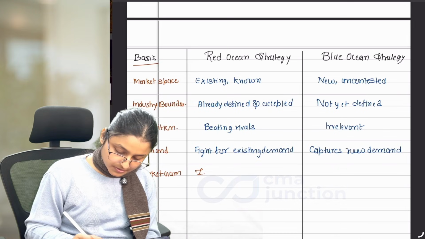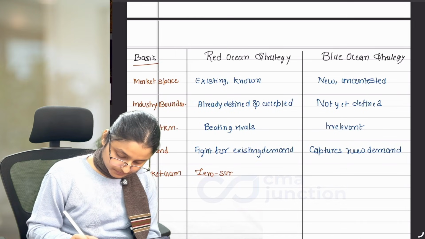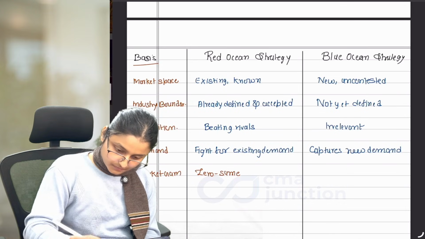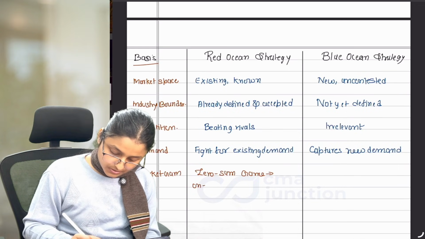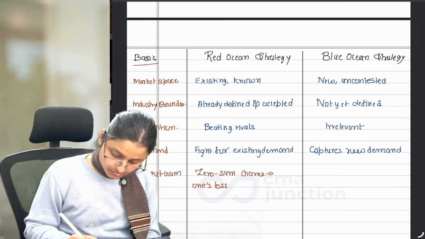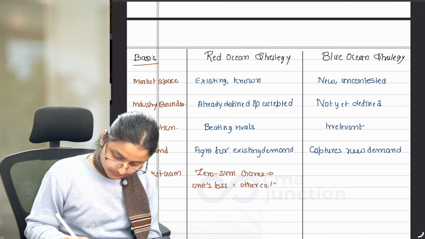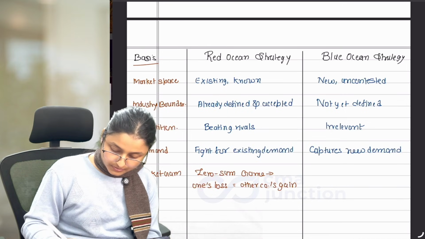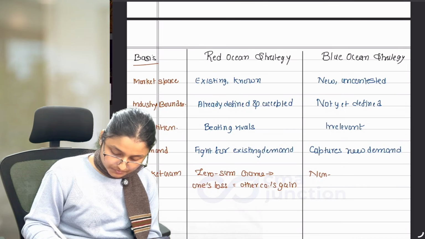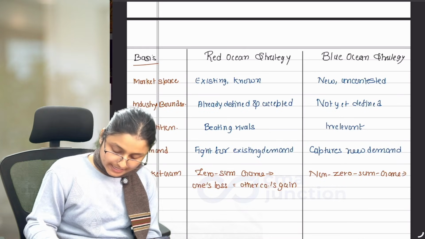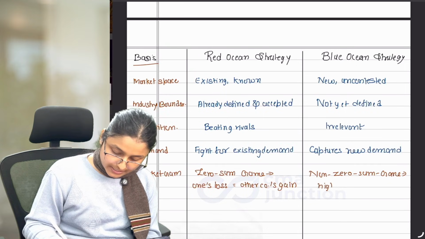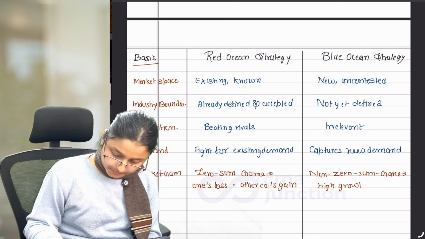So here the game is a zero-sum game, which means one's loss is another's gain. Here we play a non-zero-sum game, which means high gain possibilities or high growth possibilities.